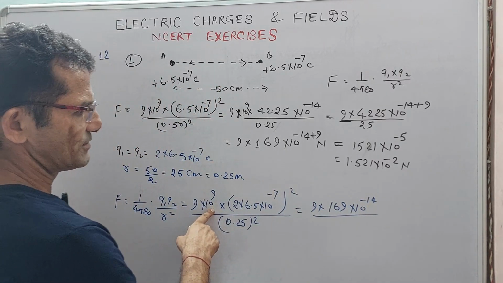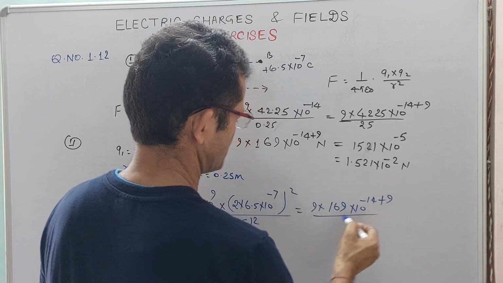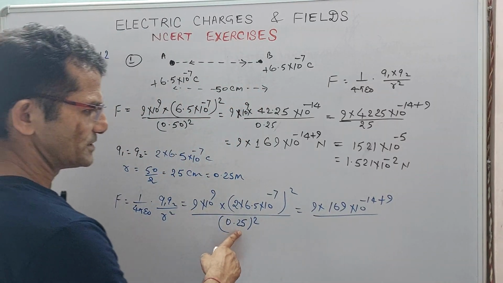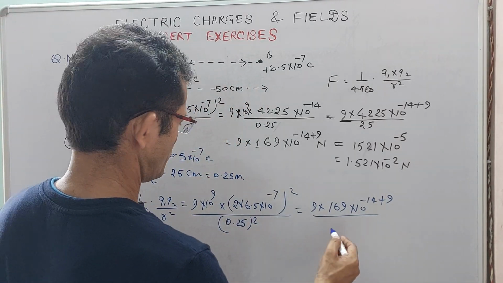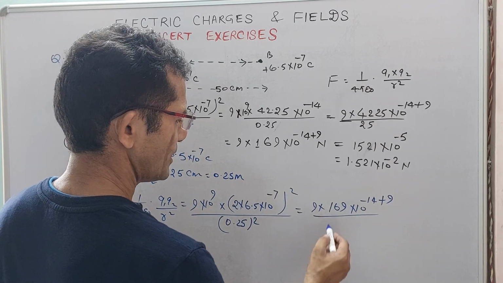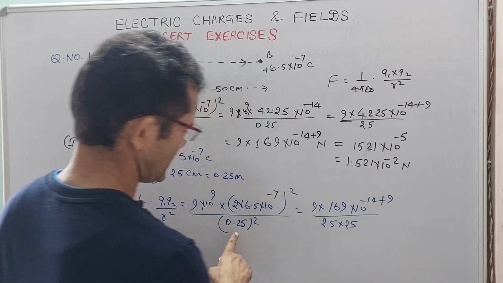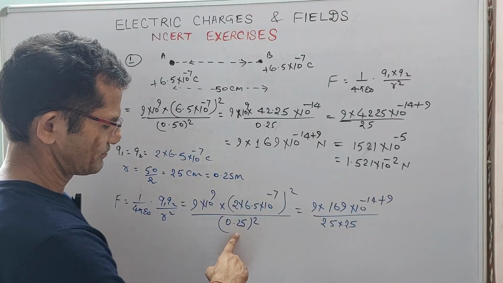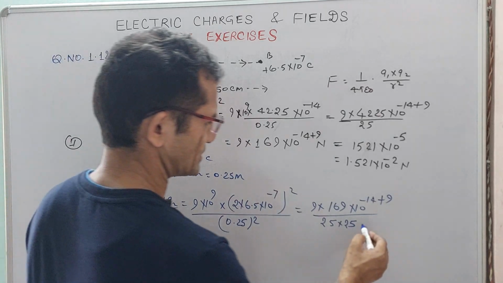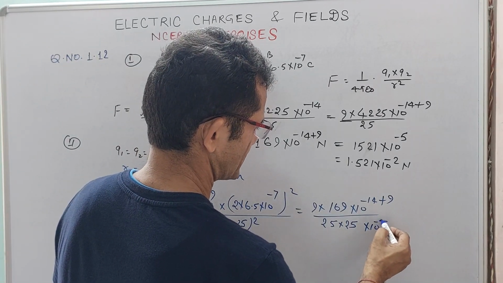And here 10 to the power 9 is also there, the powers are added because the base is same. And the denominator has the value squaring 0.25. We have just 25 into 25, and 10 raised to minus 2 from each, so minus 2 and minus 2, 10 raised to minus 4.